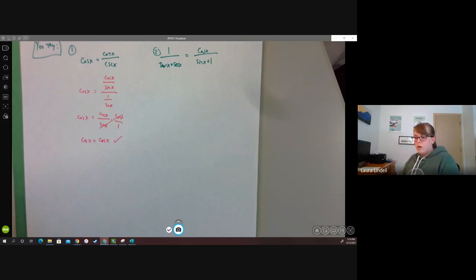If you want to check your work on number 1, I've got one possible method of solving it written down for you there. But there are other methods that would work. If you multiplied by cosecant on both sides and then turned everything into terms of sine and cosine, that would also work.